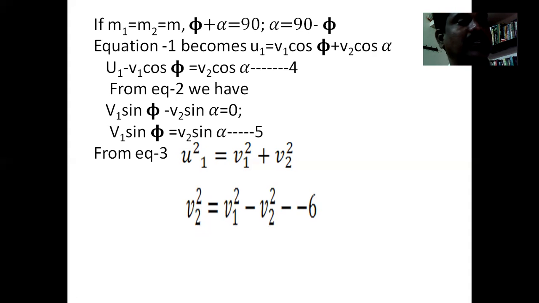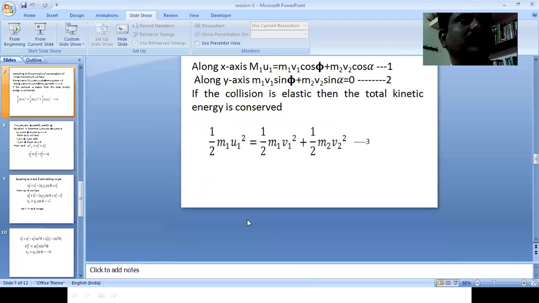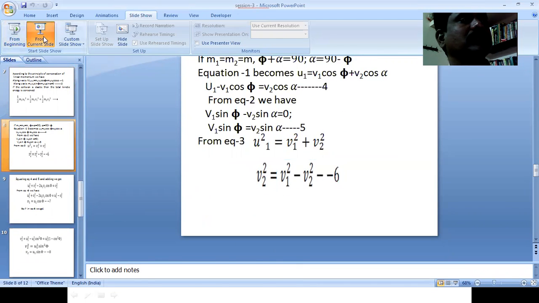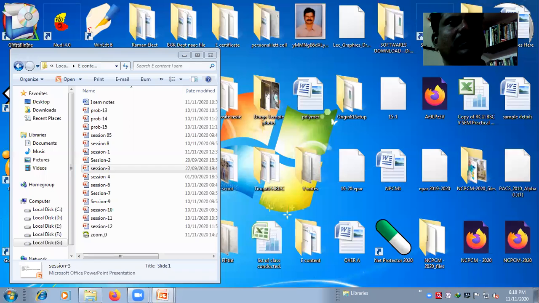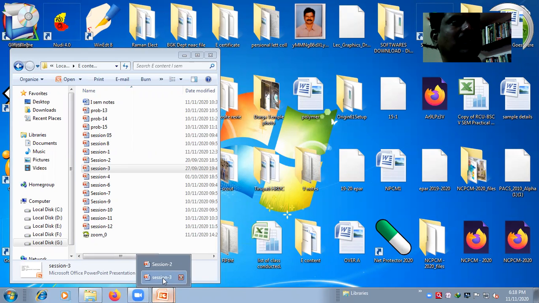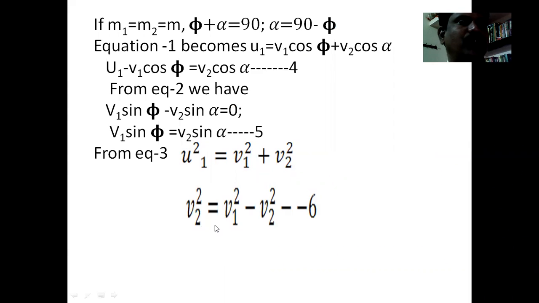So this v2 square should become u1 square minus v1 square.